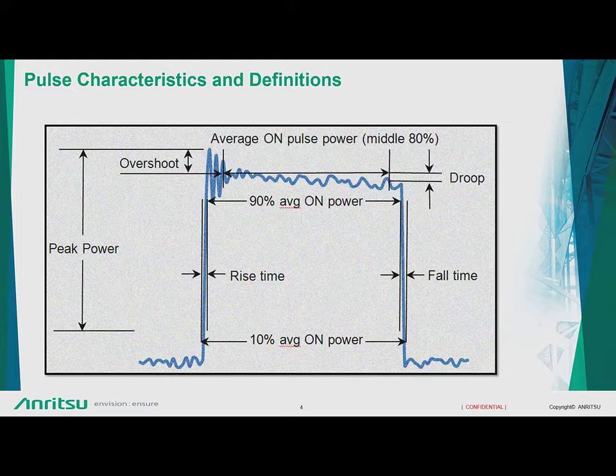And then on the top you can see there is something called an overshoot. From the average power highest contained in the pulse, there are some overshoots associated with the pulse. Now these kinds of overshoots can destroy or damage the DUT when it first comes under the influence of a high power pulse. So it has on time, it has off time, there is peak power, and then there are droops as well from the average power of the pulse, and then you also have the fall time.